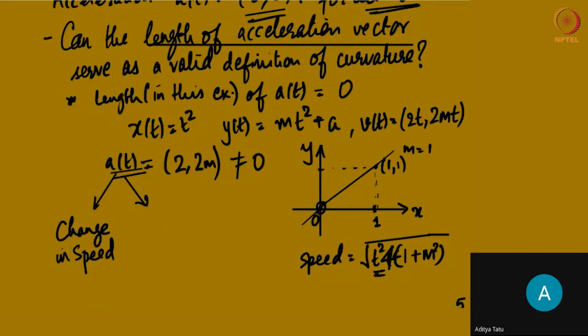And the other thing is change in direction. Now, can you see what is the issue with our proposed definition of curvature, the length of the acceleration vector? It should be the length of the radial acceleration vector. Out of these two sources, which should we consider and which should we ignore? Consider change in direction. Change in speed we do not have to consider.